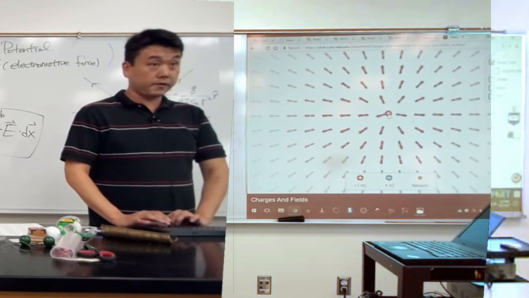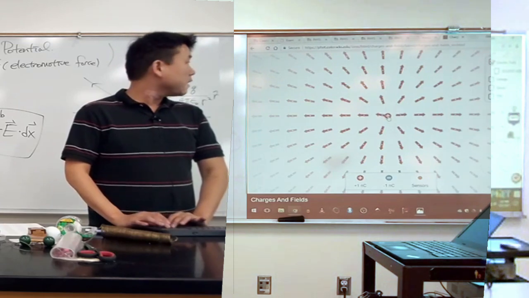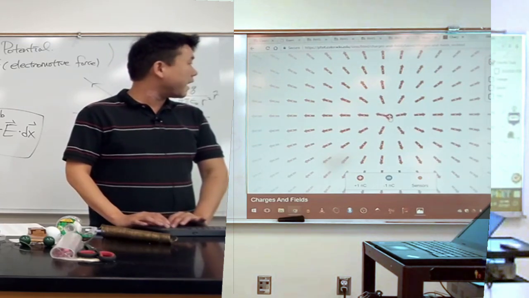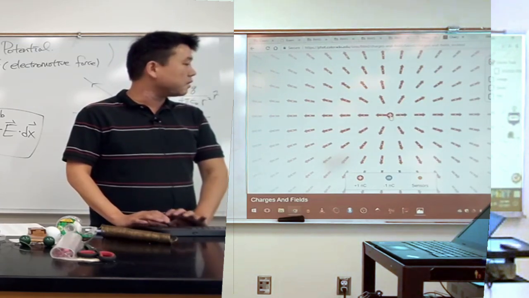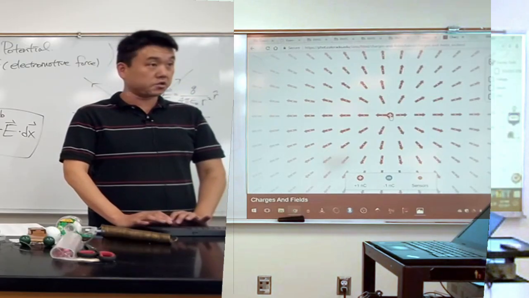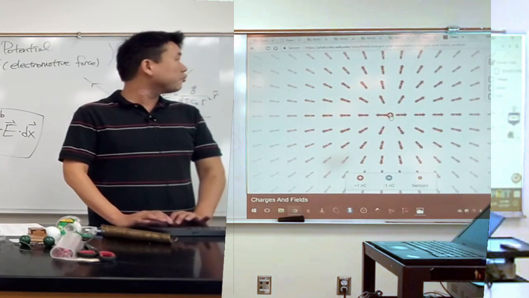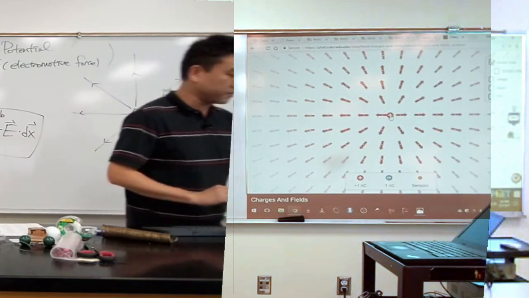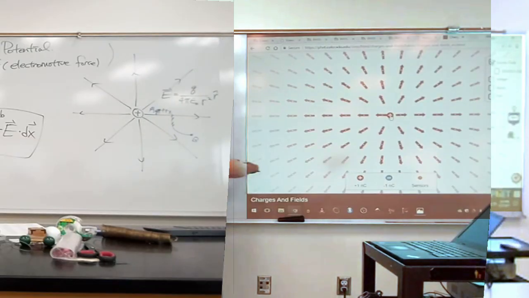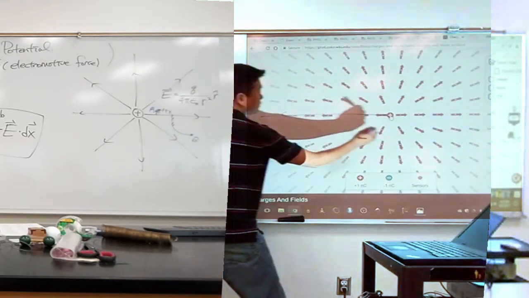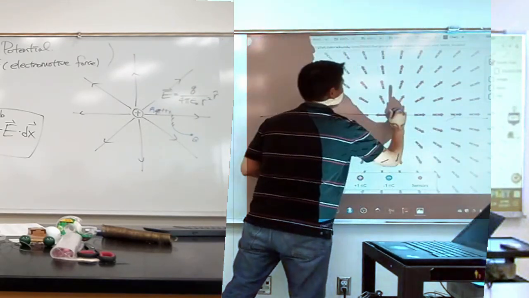So you've seen the electric field. And one thing that this tool is able to do is demonstrate something called the equipotential. You have experience drawing lines that represent electric field, so you've drawn electric field lines before.